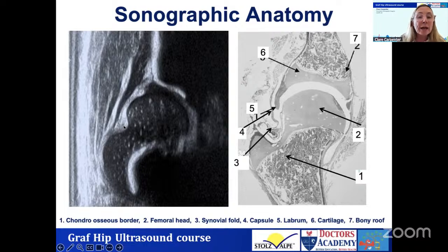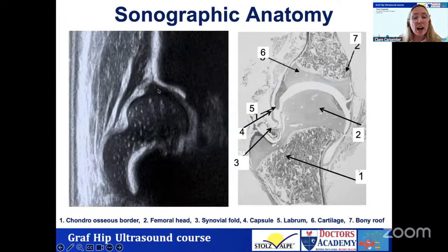So whereabouts your capsule will start, it will come over your femoral head, and we carry on following the capsule up as it inserts onto the pelvis. But before we get to that, we have this white intense echo, which is the labrum, and that is labeled number 5 on the corresponding histological image.